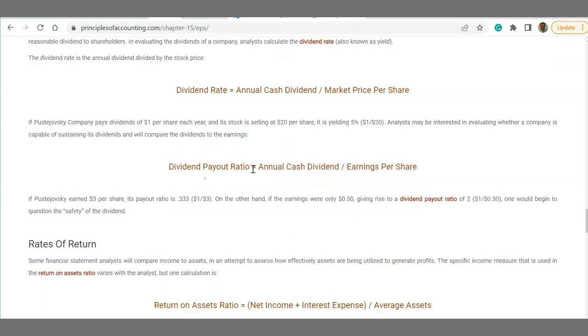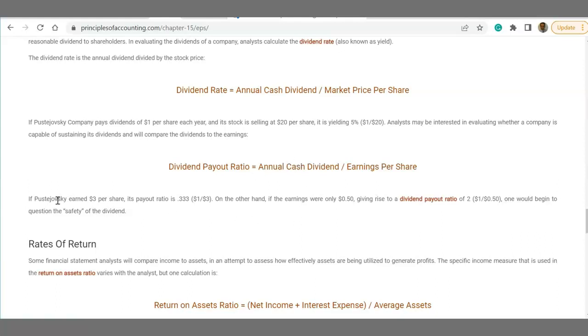Dividend payout ratio is the annual cash dividend divided by earnings per share. Every company has, for example, some positive earnings per share. How much of that earnings per share will you get as a dividend from this company?